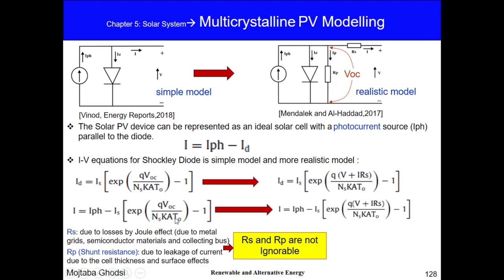This is a temperature. I will explain all of these constants in the next slides. Then we can find that I has this relationship with V. Now we should be able to draw the relationship between V and I.